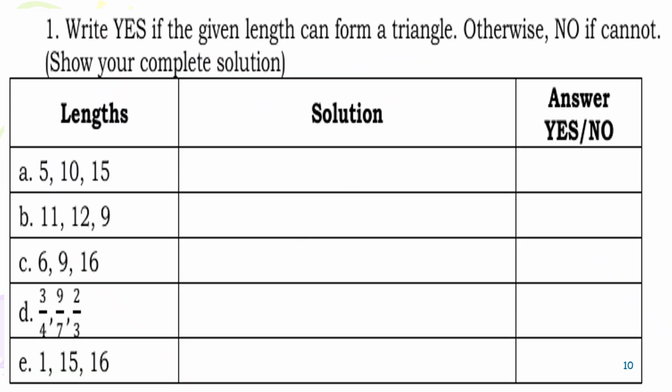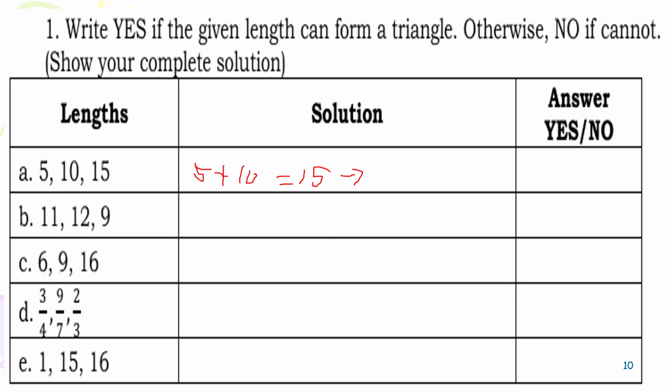Okay, let's try this example here. Write yes if the given lengths can form a triangle, otherwise no. So, your complete solution: we have here 5 plus 10 equals 15, right? And we could say that the third side is 15.